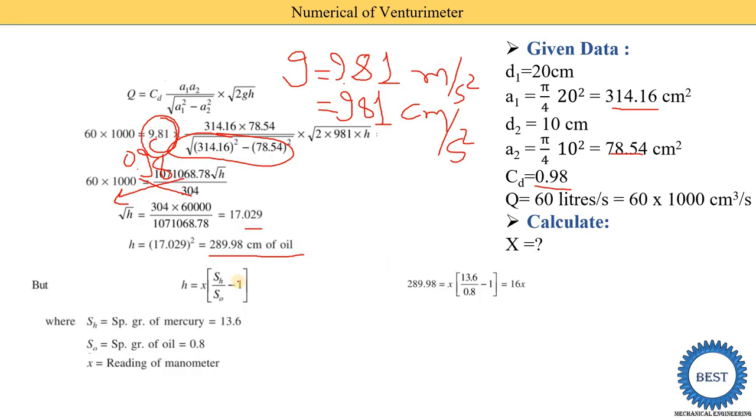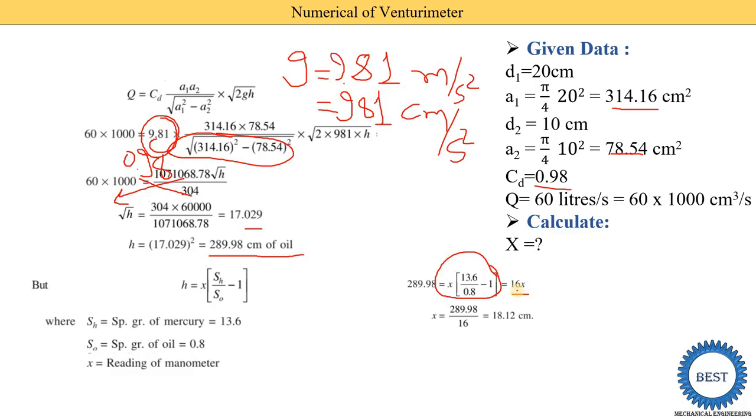Here we put the value of H, it is 289.98, and we need to calculate this X. SH is 13.6, SO is 0.8, minus 1, and we simplify the bracket, then we get 16X.